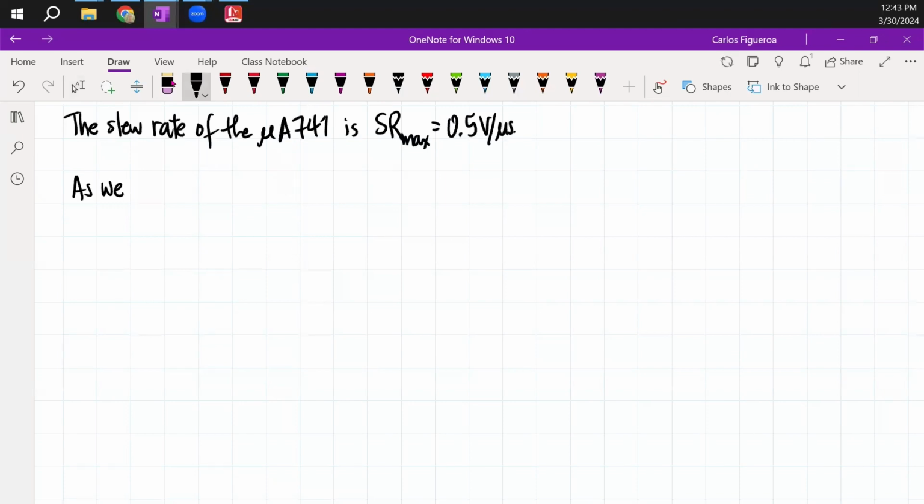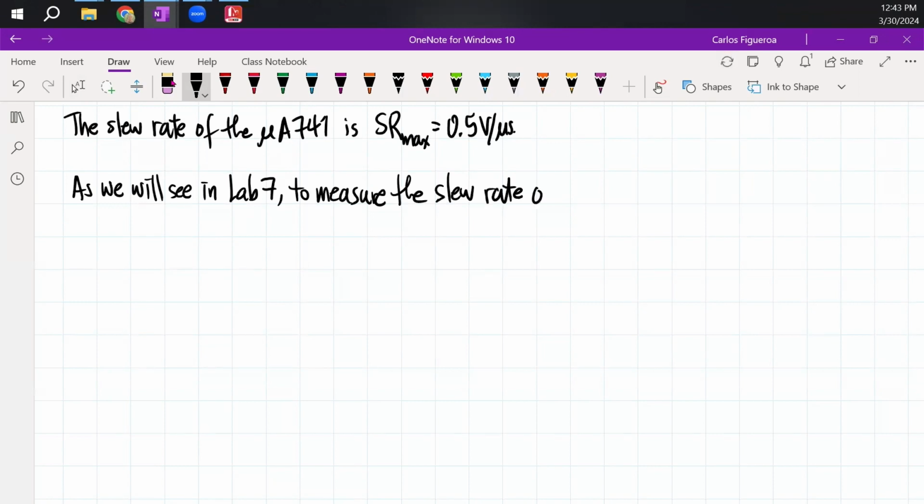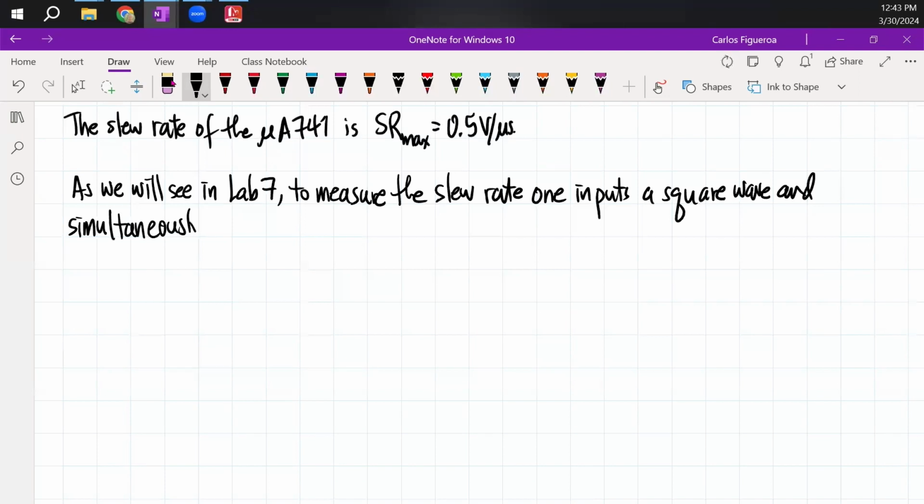As we will see in lab 7, to measure the slew rate, one inputs a square wave, a square voltage waveform, and simultaneously on another channel, we'll look at the output.